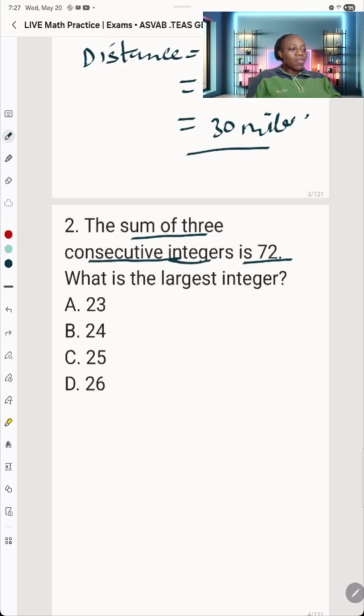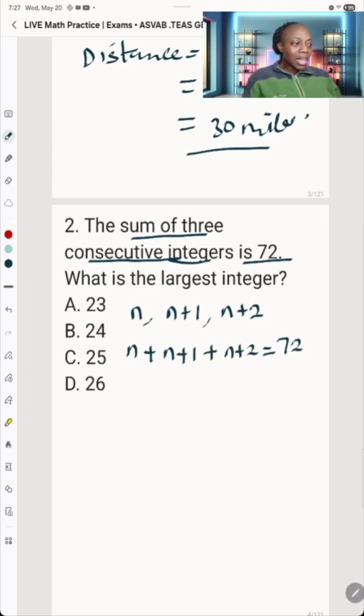So let the first integer be n, followed by n plus 1, followed by n plus 2. So we want to add those 3 together, and that will be n plus n plus 1 plus n plus 2 equal to what? 72, because the question says their sum is equal to 72.